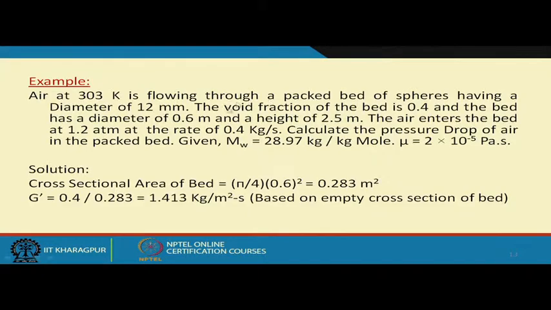So now let us find out a solution of one typical problem as it is given here, right? For example, air at 303 Kelvin is flowing through a packed bed of spheres having a diameter of 12 millimeter.